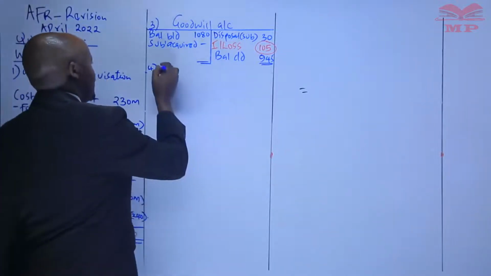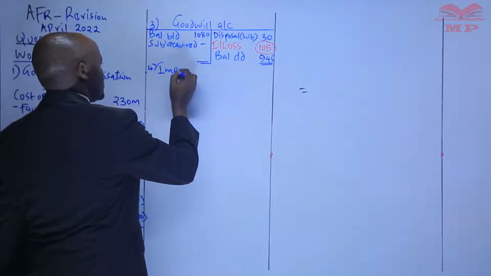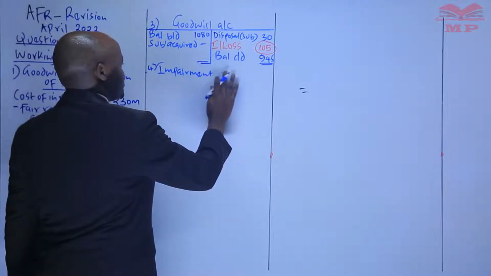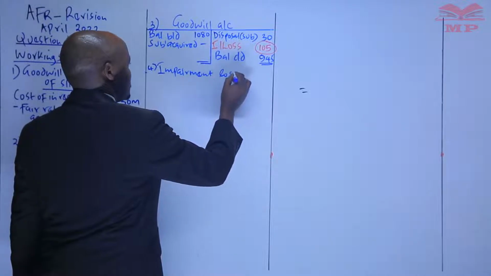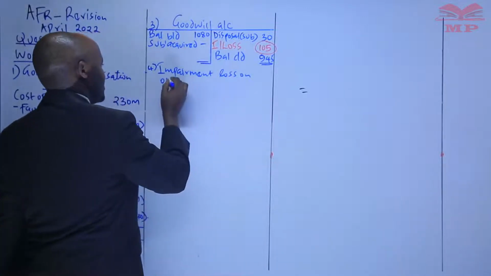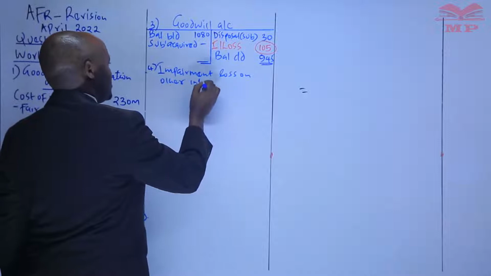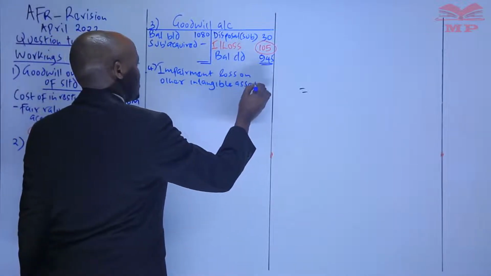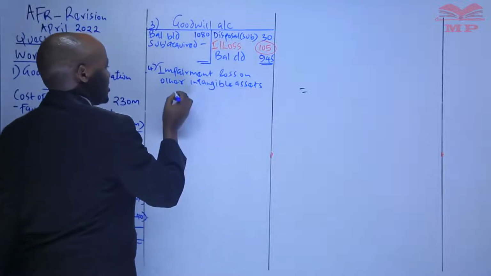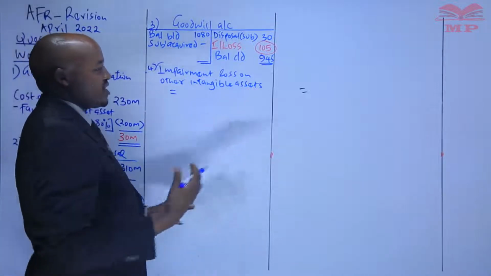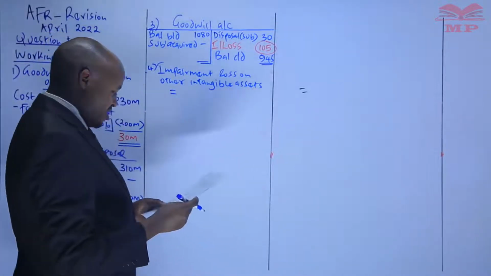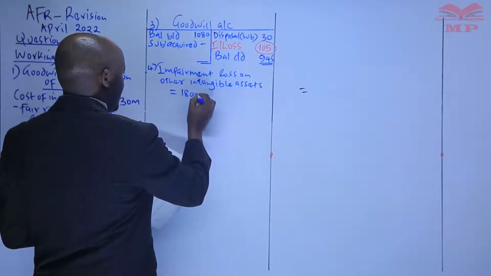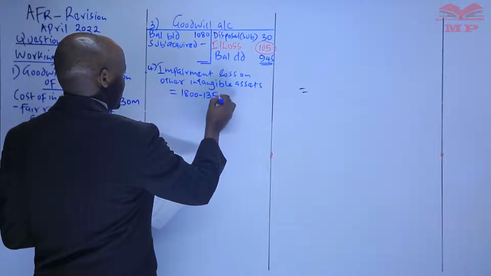So meaning that here we determine the impairment loss on other intangible asset. So this is quite straightforward, because we just need to compare the opening balance and the closing balance. The opening balance was 1800 and the closing balance was 1350.